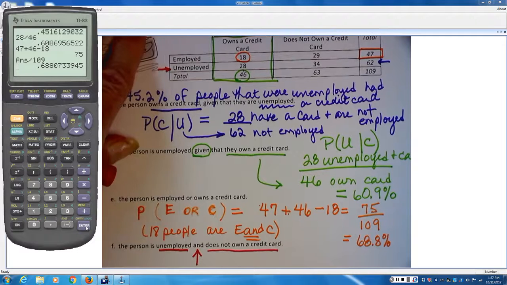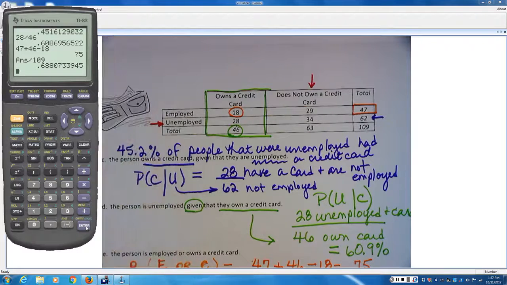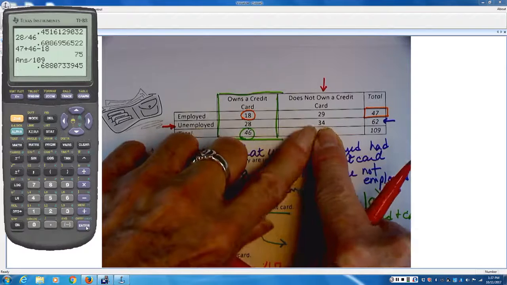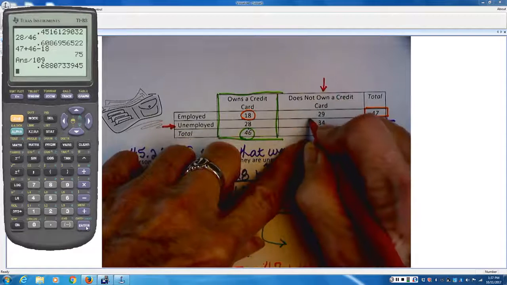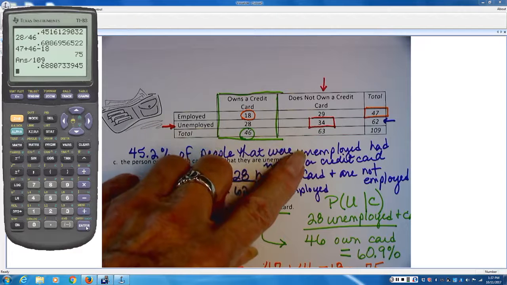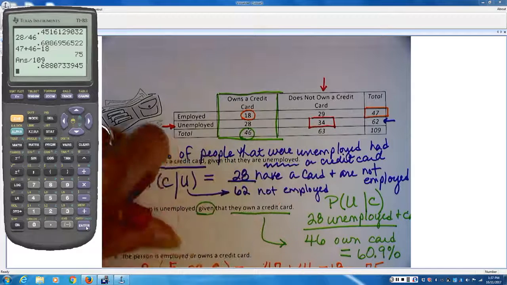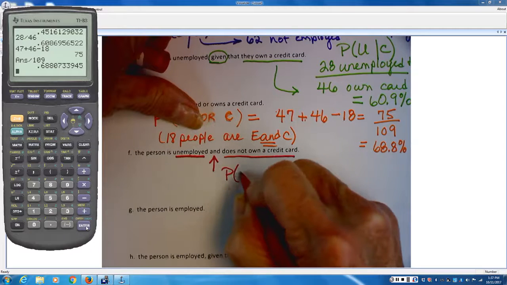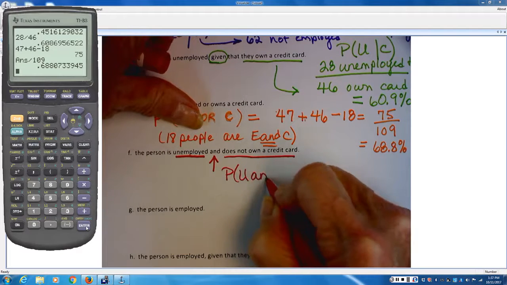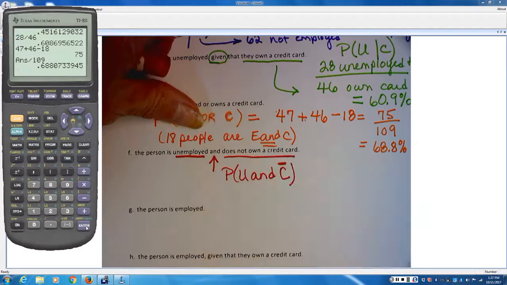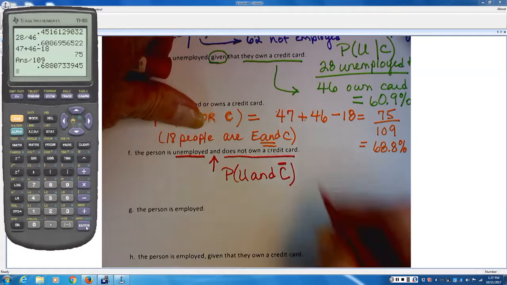Let's slide that down a little bit more. So the people that we're looking for are the unemployed people who don't own a credit card. And there's 34 of those. I'm just going to write the complement of C because that means they don't own a credit card.